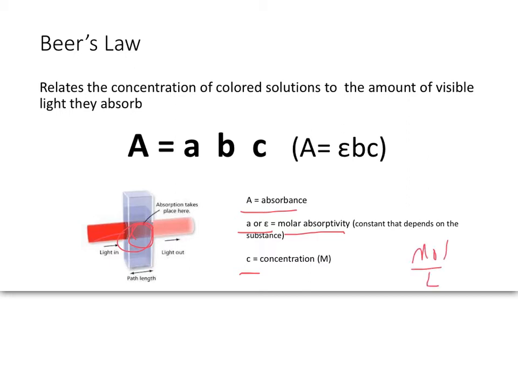Now, what I forgot to include here is b, which is sometimes included as l, and that is path length. It is generally in units of centimeters. The nice thing about these cuvettes that we're going to use in the lab is they are 1 centimeter by 1 centimeter.